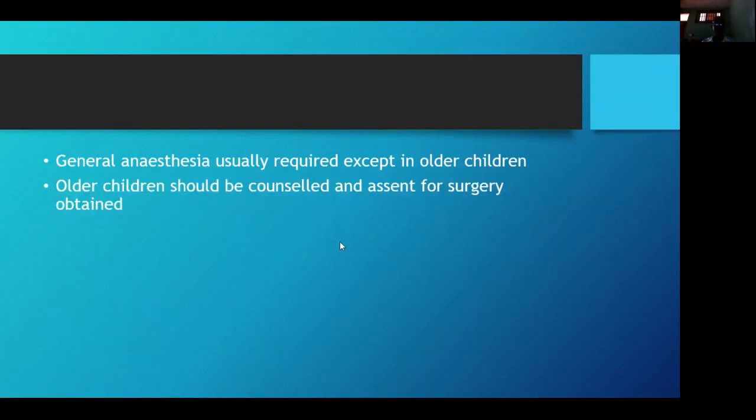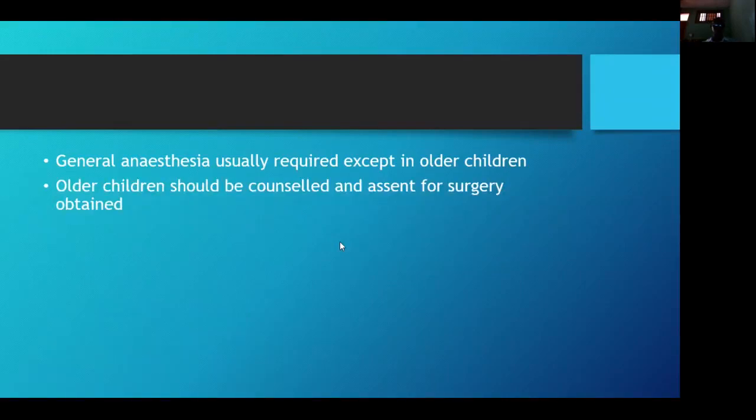And one other important thing is about the consent for children. When children are older, especially for children that are up to 7, some would say, for some, they will say once they are up to 13 years of age. And then there's also a wide range in between. Children need to be counseled. They need to be heard, even though they may not be at the end of the day the one that will make the decision.